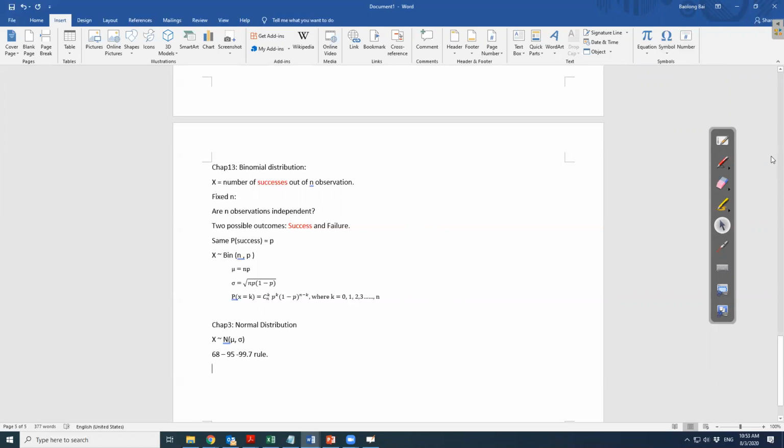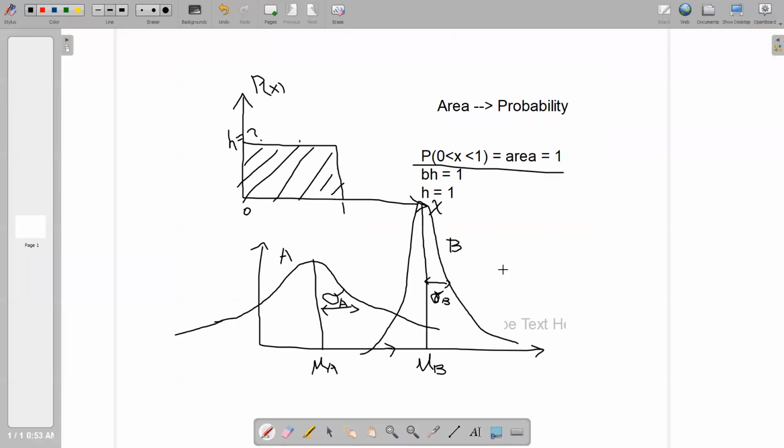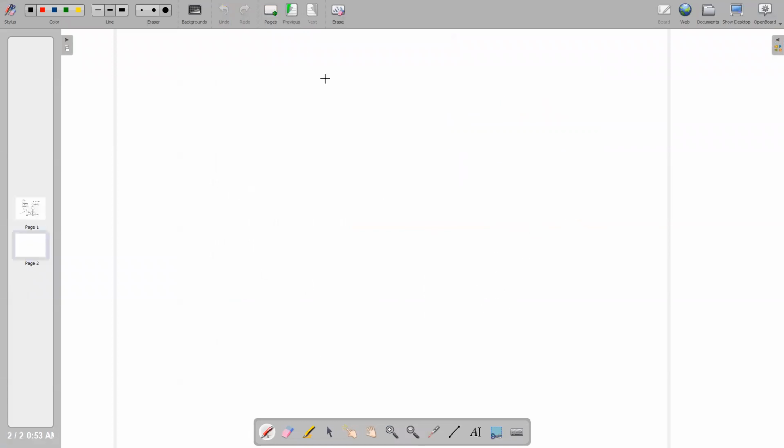Basically, if you have a normal distribution, then within one standard deviation, the probability in the middle will be 68%.